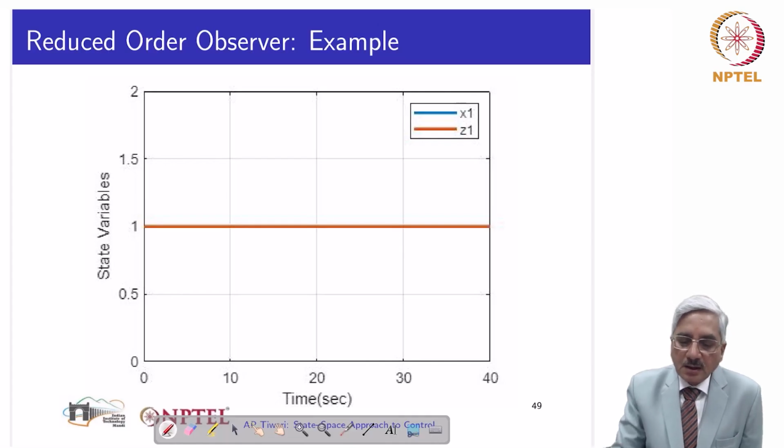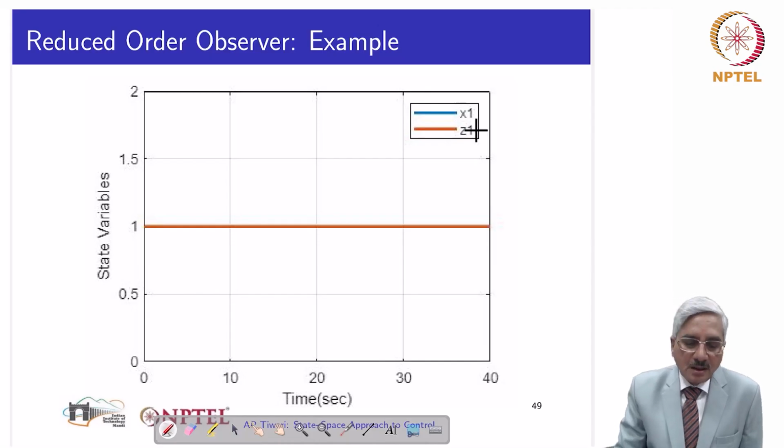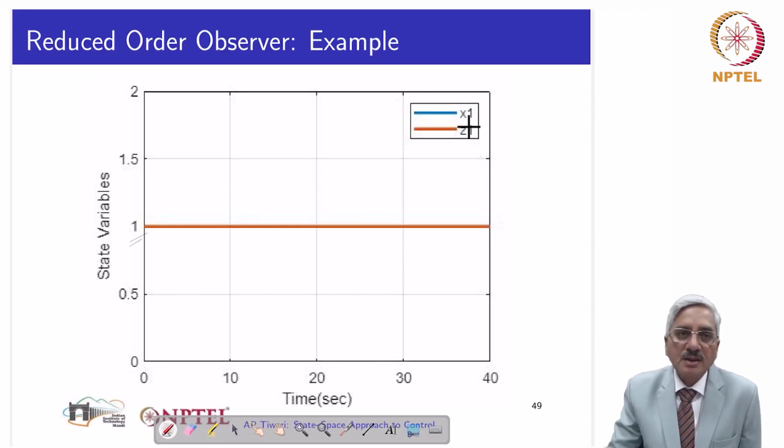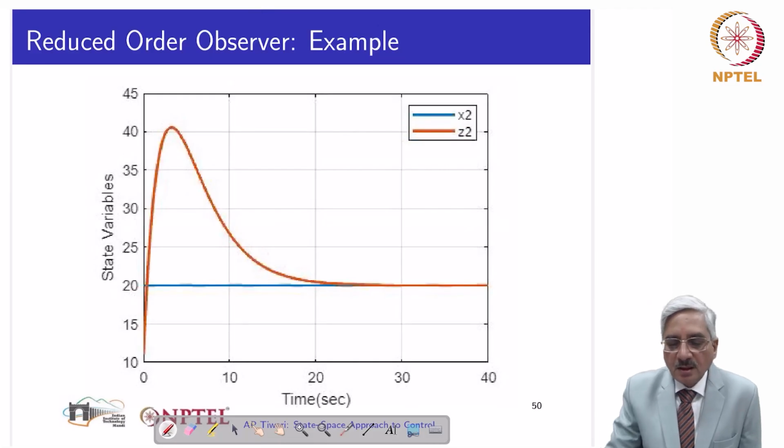These are the x1 and z1. Because the system is at equilibrium, x1 is rock steady at its initial value 1, and because z1 is directly computed as x1, so z1 is also all the time 1. It doesn't undergo any transient.